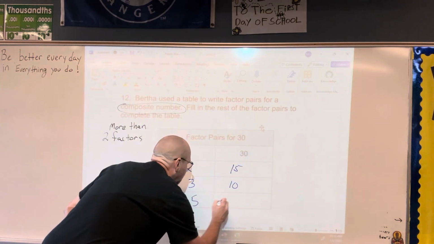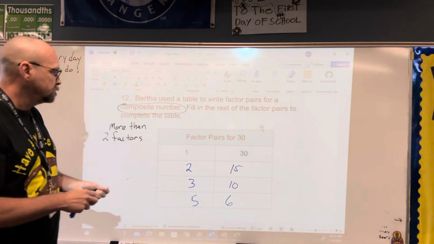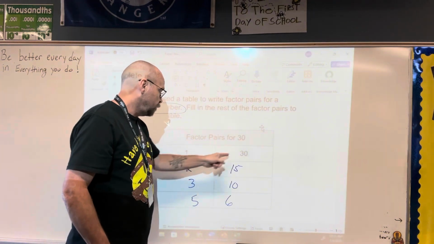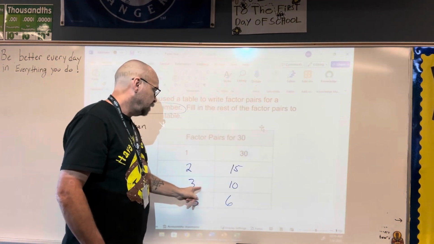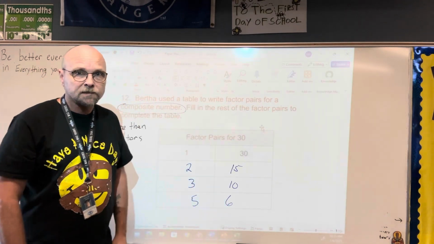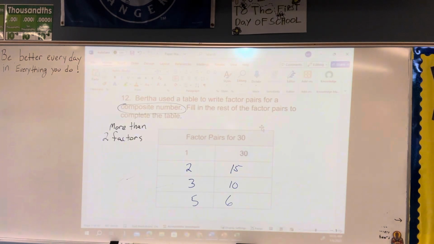So 5 times 6. These are the factor pairs. So the factor pairs for 30 are 1 times 30, 2 times 15, 3 times 10, 5 times 6. Notice I use the divisibility rules because that makes it far easier when I'm doing factor pairs. Using the divisibility rules is way easy.